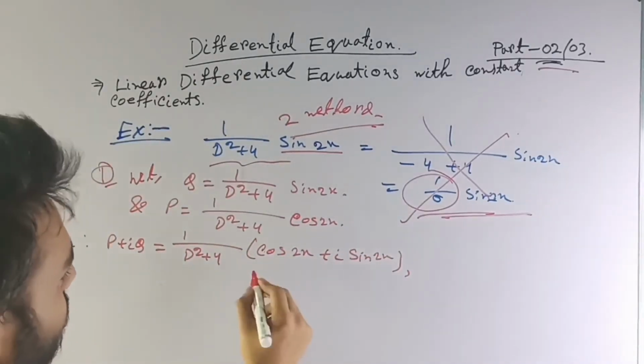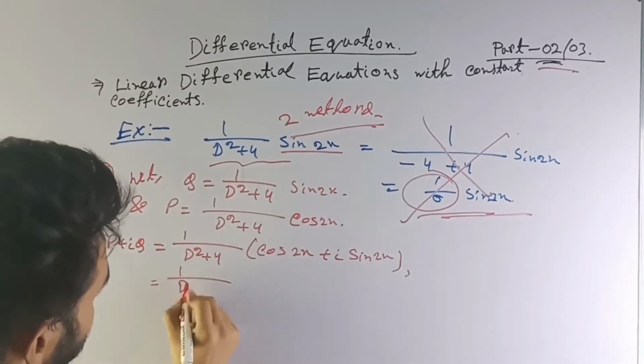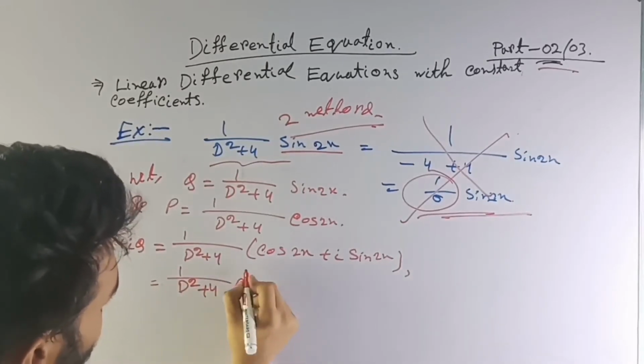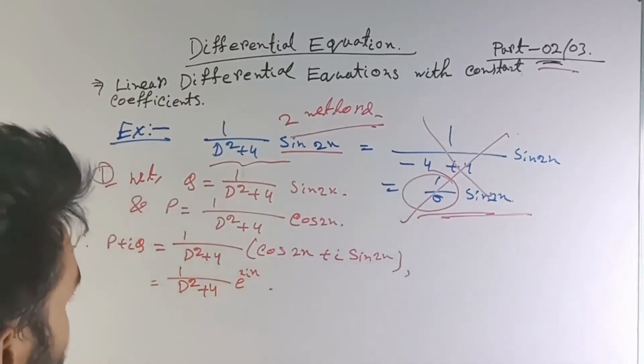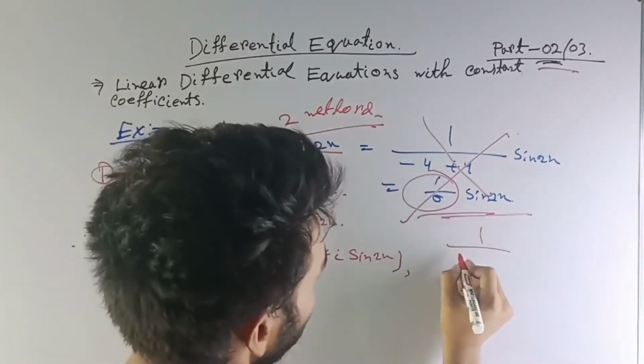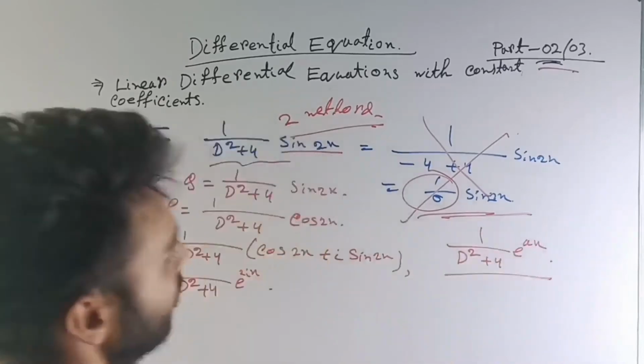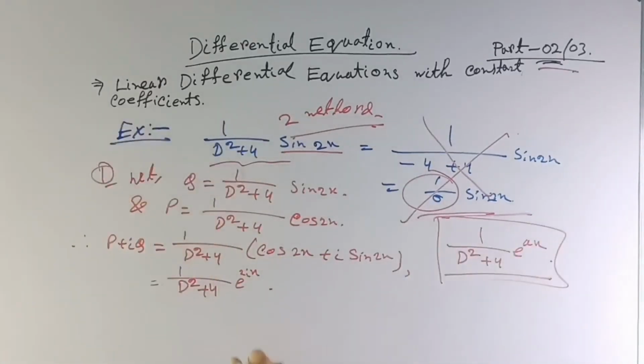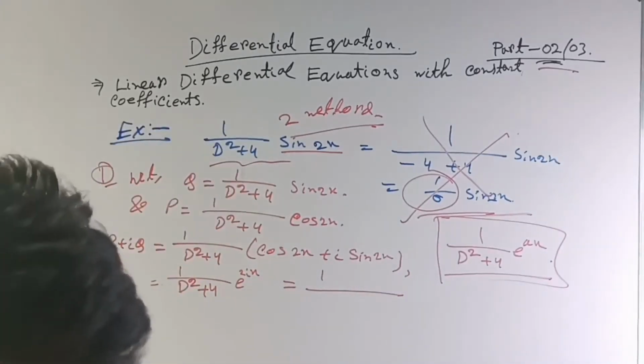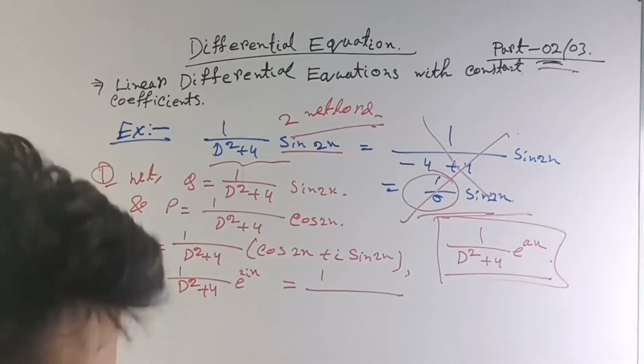It's also a concept of this. So 1 by D square plus 4 of e to the power 2ix, that's it. We also know this, so now 1 by D square plus 4 of e to the power ax, therefore that's coming. So from that question also write there.